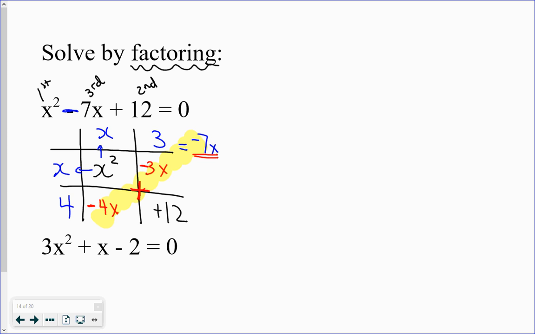So now I have negative 4 plus negative 3 is negative 7. If you insert negatives, you have to bring them out. Do one final check. X times x is x squared. Negative 4 times negative 3 is still positive 12. So my factored form is x minus 4, x minus 3 equals 0.